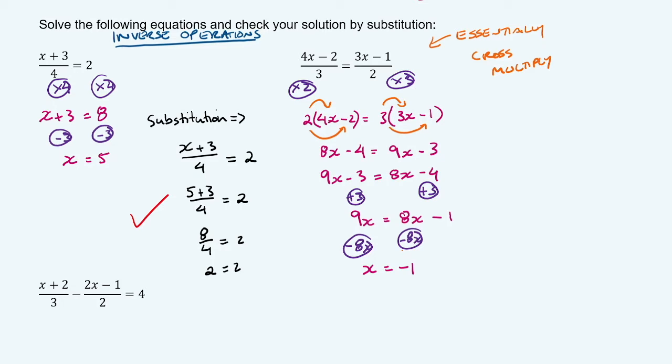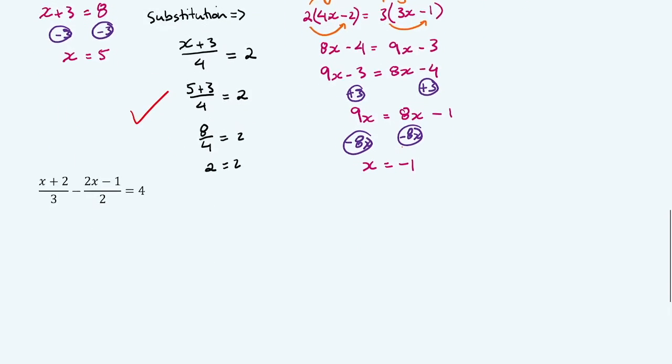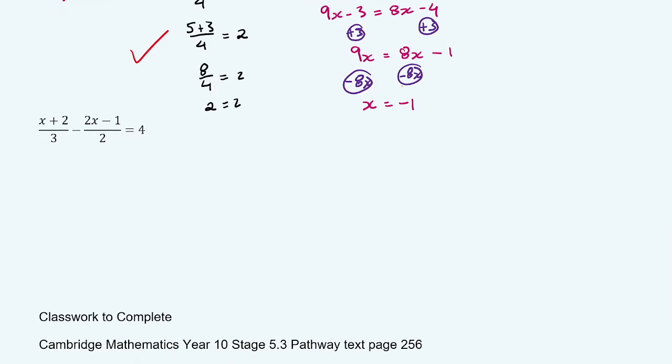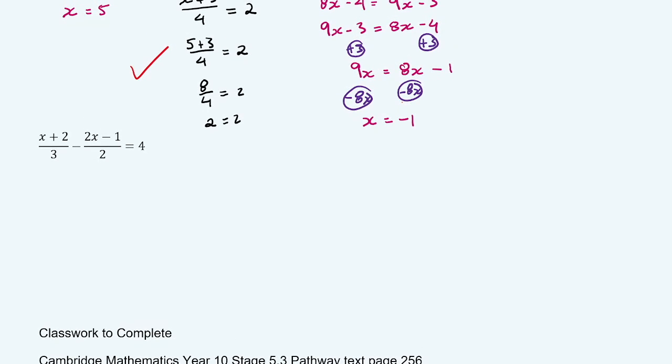Last example for this video is trickier again, which is how they're supposed to go. We go a little bit trickier each time. Okay, and we need to do some things with the left-hand side first before we start mucking about with the other stuff.